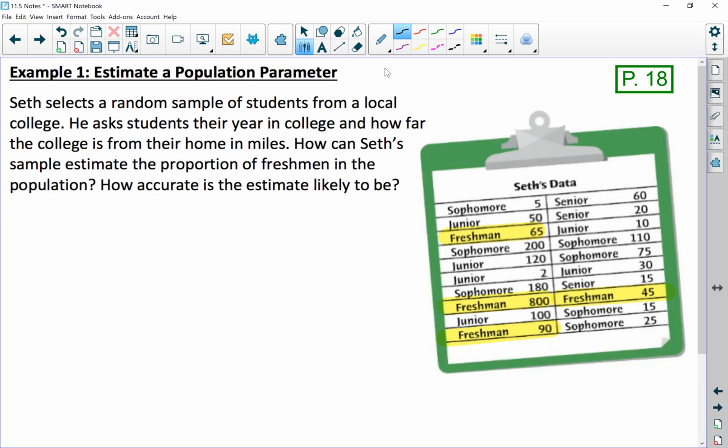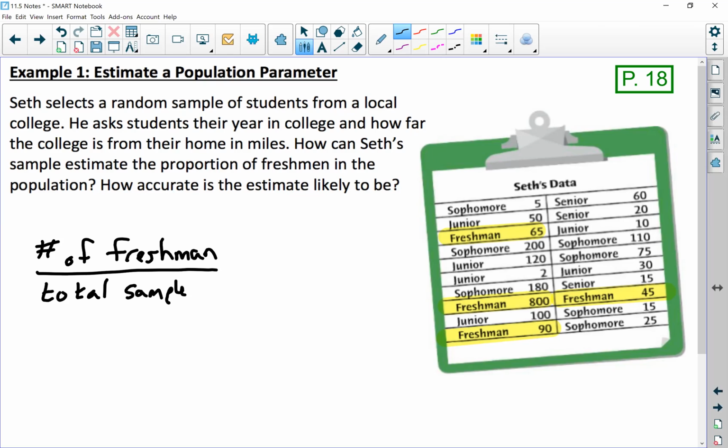So how can Seth's sample estimate the proportion of freshmen? Well, we're going to take the number of freshmen and divide by the total sample size. Four, 1, 2, 3, 4, 5, 6, 7, 8, 9, 10.